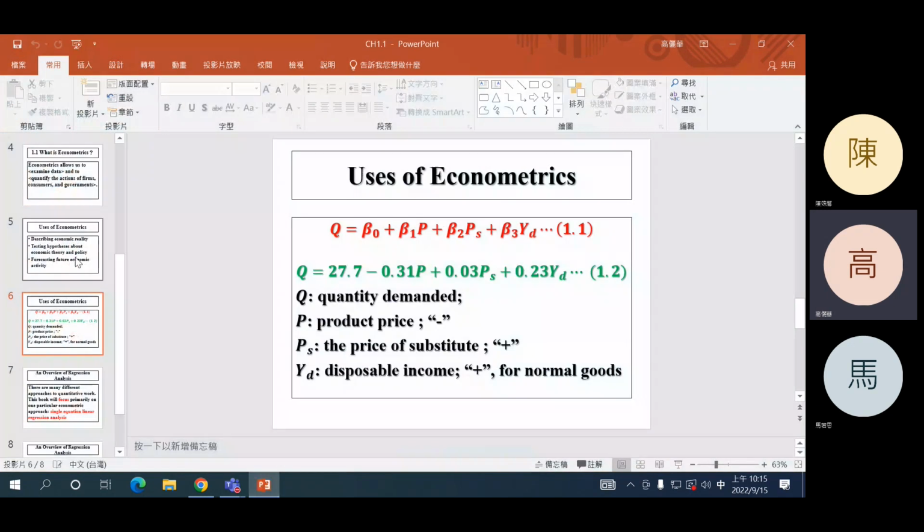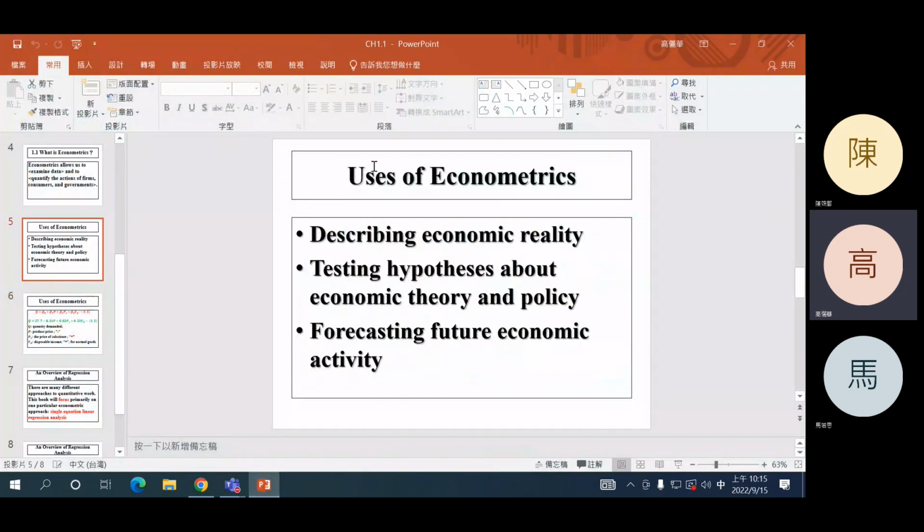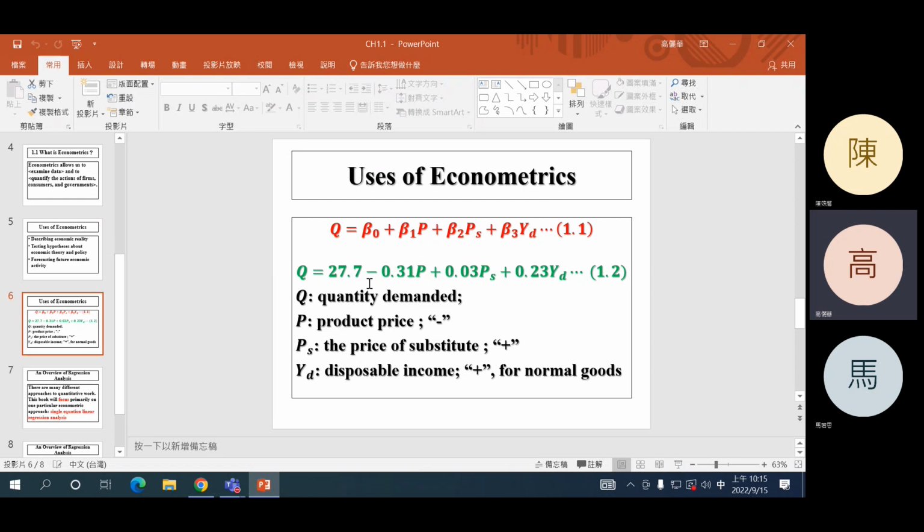I just mentioned that we have the three uses of this econometrics, and we have three areas. Let me describe the area first. All these examples are from the textbook.